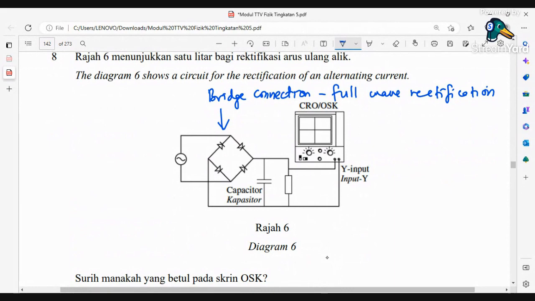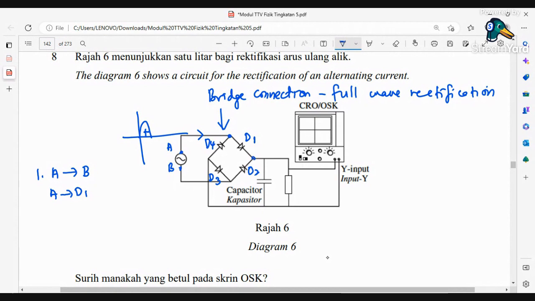Okay, let's try. Here is A and B. Here is D1, D2, D3, D4. Let's say for the first half cycle, which is positive, current flows from A to B. So A to B here, and then reaches here, goes to D1.